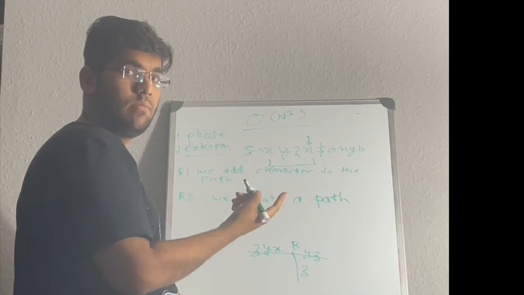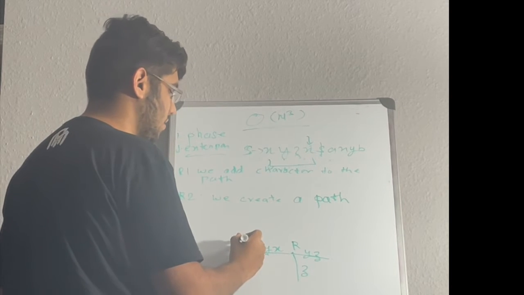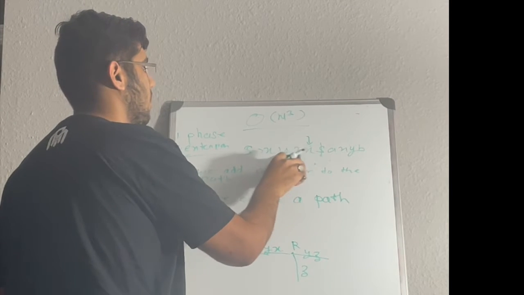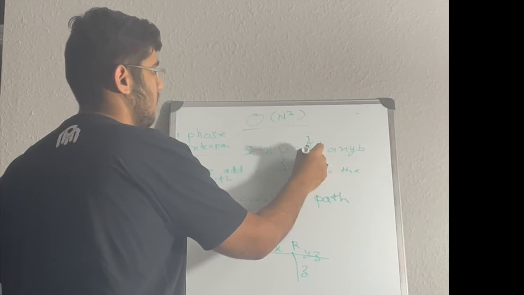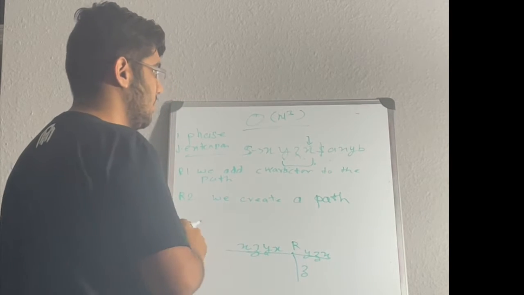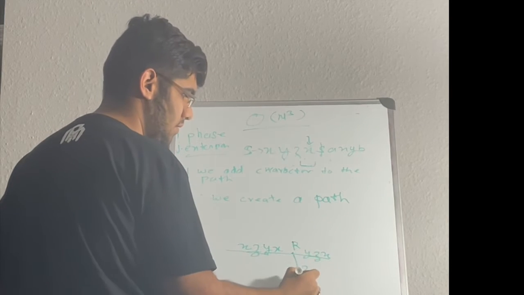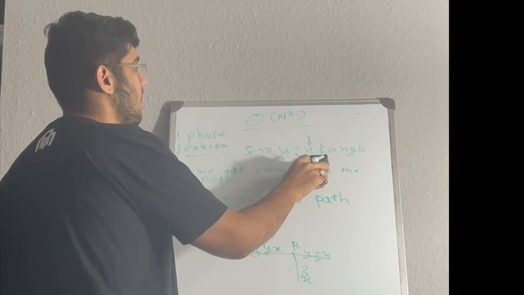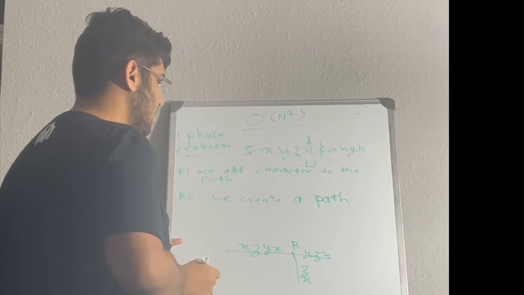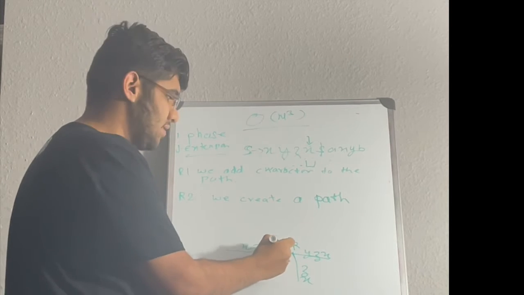Extension again starts from here. So x, y, z, x. Then by rule 1 only we are doing this, y, z, x. Then x. But now in this particular case, by rule 2 extension we say create a path, but from the root node x is already there.